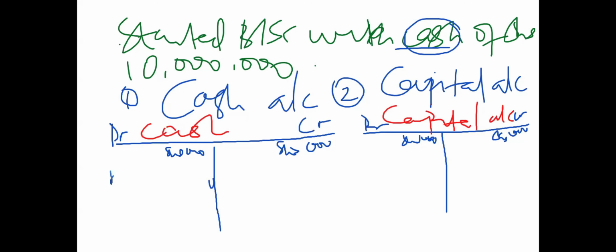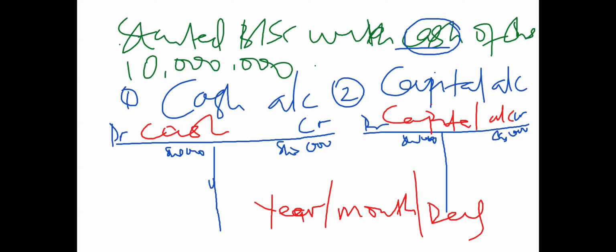One thing I want you to learn is that whenever you are writing the dates within these accounts, they are supposed to be written in this format. You start with the year, then you put the month, and then finally the day.